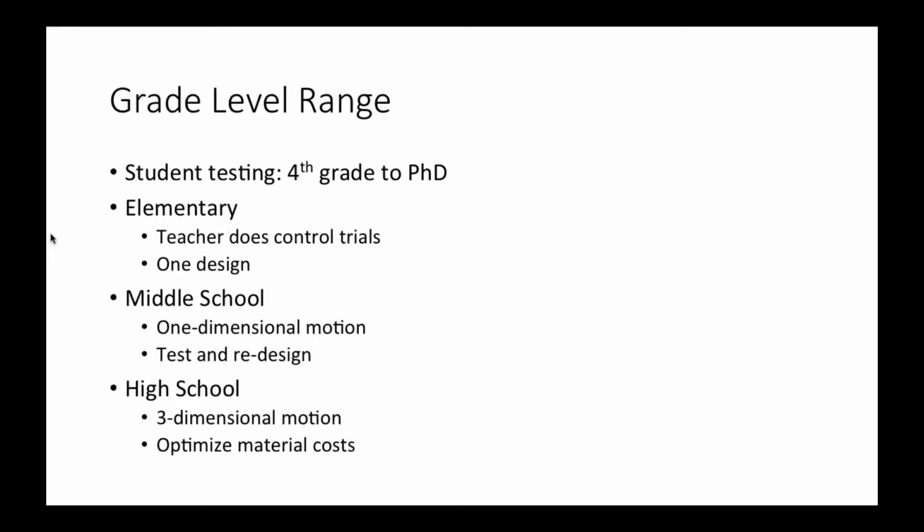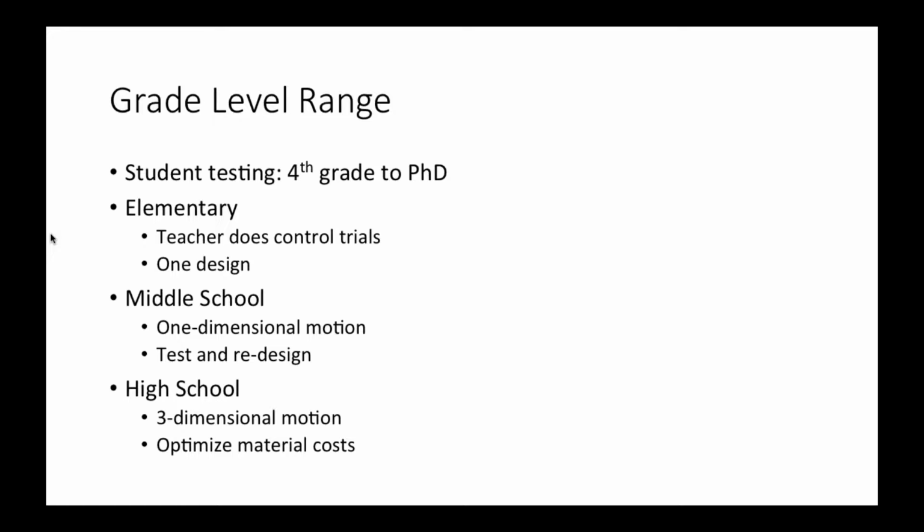And then you can add an extra challenge in high school, or if a particular group in your class is doing really well, you can add an extra challenge to that exact same lab, where you could make the different materials they would use to build their crash cushion cost a certain amount and then give the students a budget to build a cushion, or have them try to optimize the amount of money that they would spend to build their cushion.